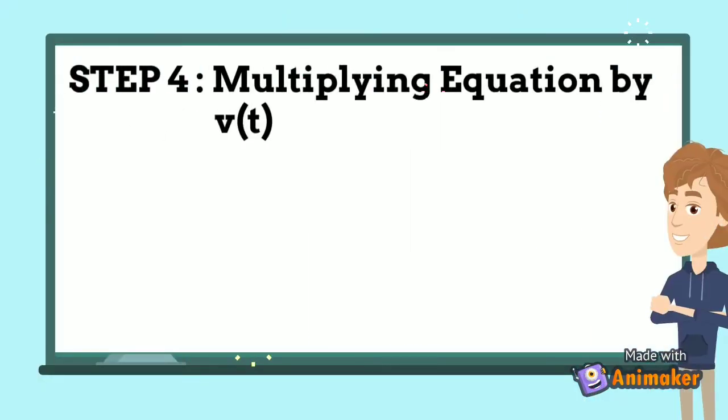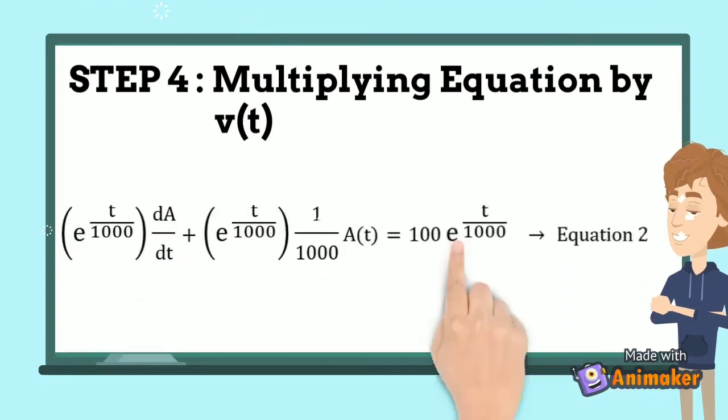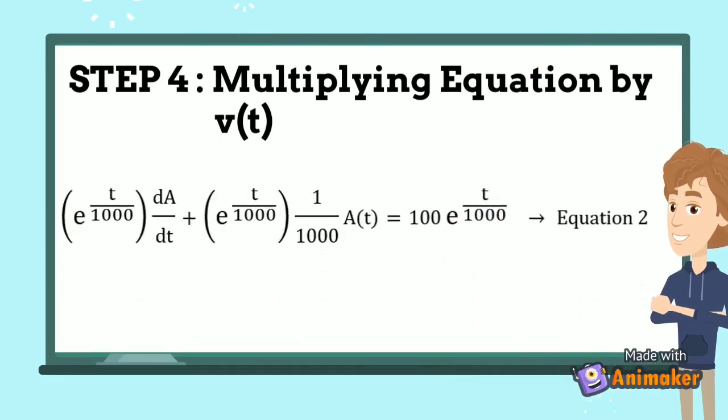Step 4. Multiply the whole differential equation by V(t). So equation 2 should be e to the power of t over 1000 times dA over dt plus e to the power of t over 1000 times A(t) equals 100 times e to the power of t over 1000.